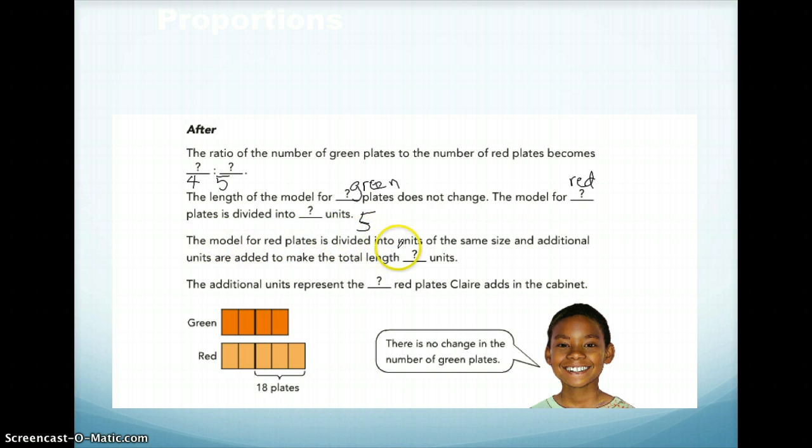The model for red plates is divided into units of the same size, and additional units are added to make the total length 5 units. The additional units represent the red plates Claire adds into the cabinet. So it's 18 extra red plates right here. 18 extra red plates. And so this is how it's 4 to 5.